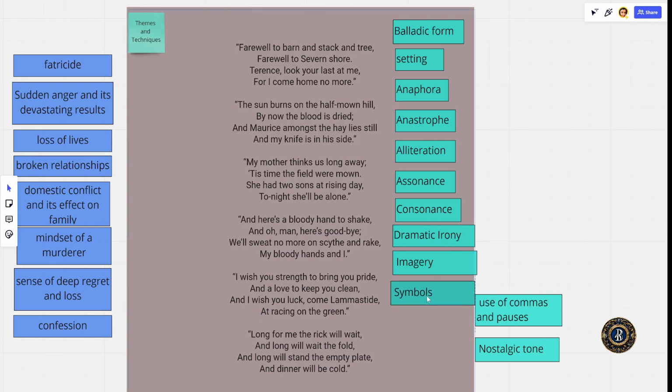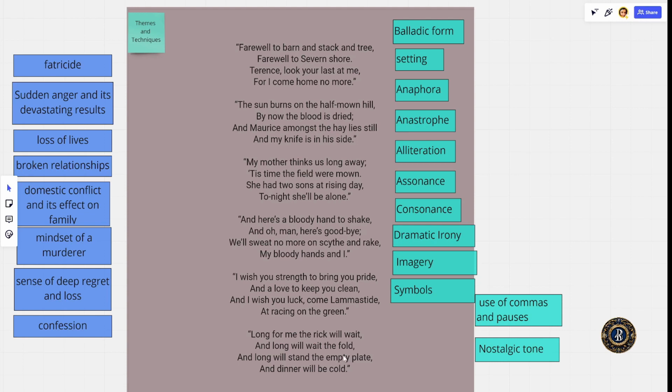Then what are the symbols? All these, barn, stack, half moon hill, scythe, rake, even Lammastide, rick, fold, symbolize an agricultural background. Especially half moon hill symbolizes the half-spent life of the brother Morris.